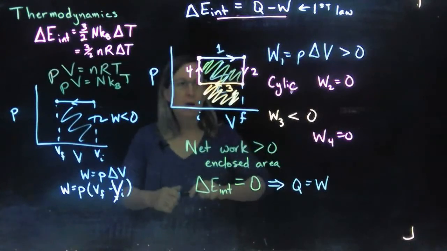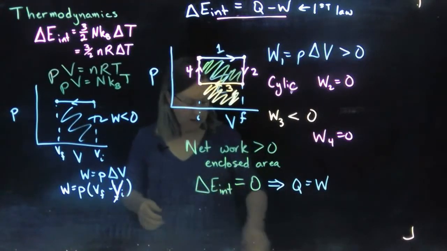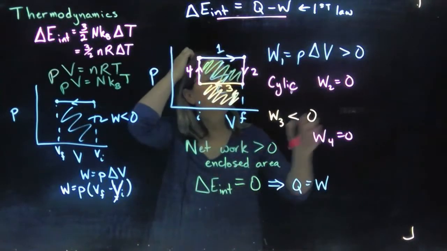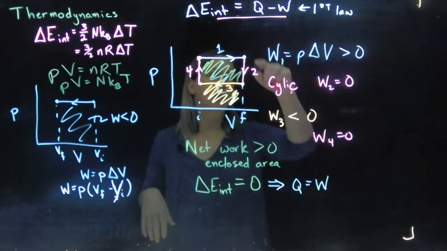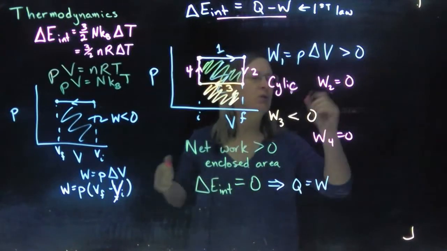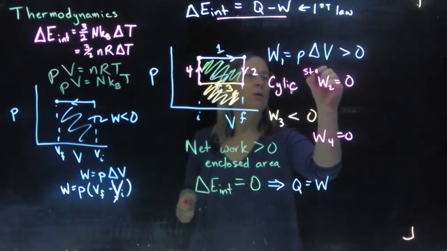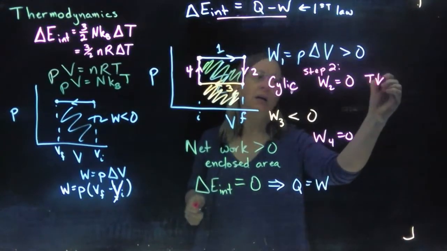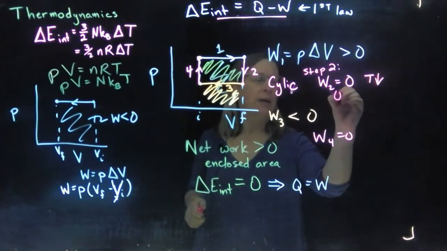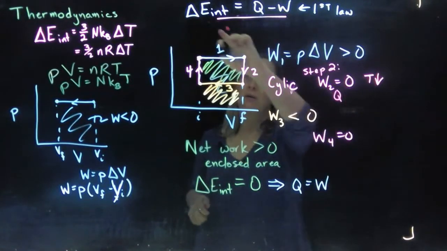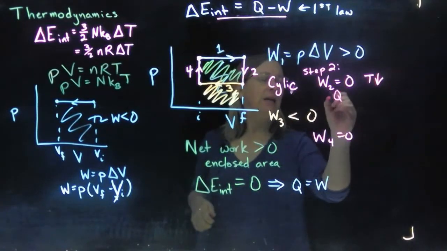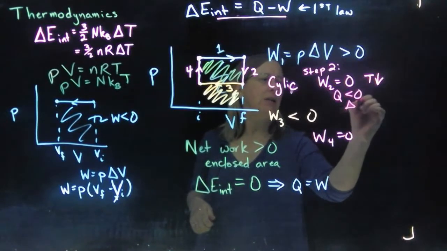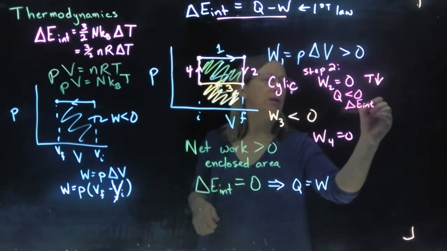If we look at this, on step 2, for example, the work is equal to 0 and the temperature is decreasing. So for step 2, the temperature is going down, the internal energy change is negative, Q is less than 0, and delta E internal is less than 0.